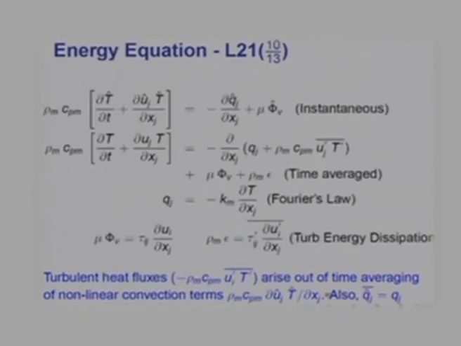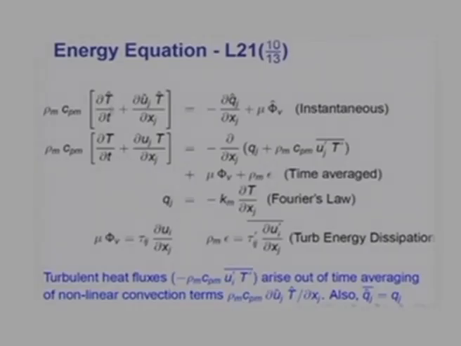Likewise, if I look at the temperature equation, this would be the instantaneous form of the equation. Recall we had mu phi v, the viscous dissipation term, and this would be the conduction term, and this is the convection term.